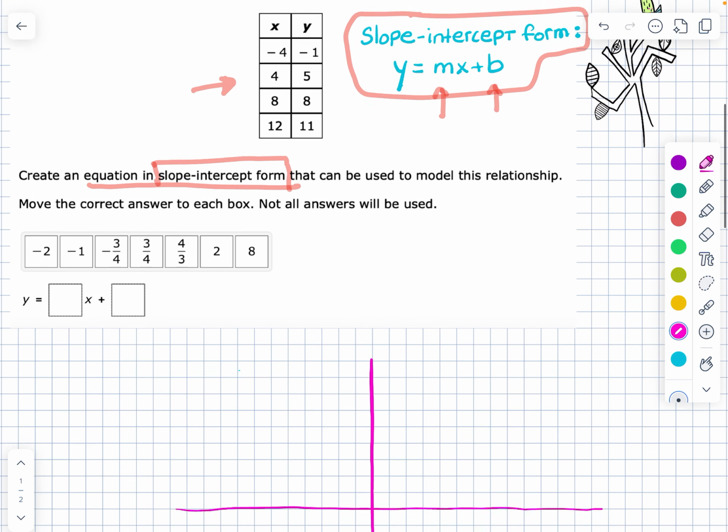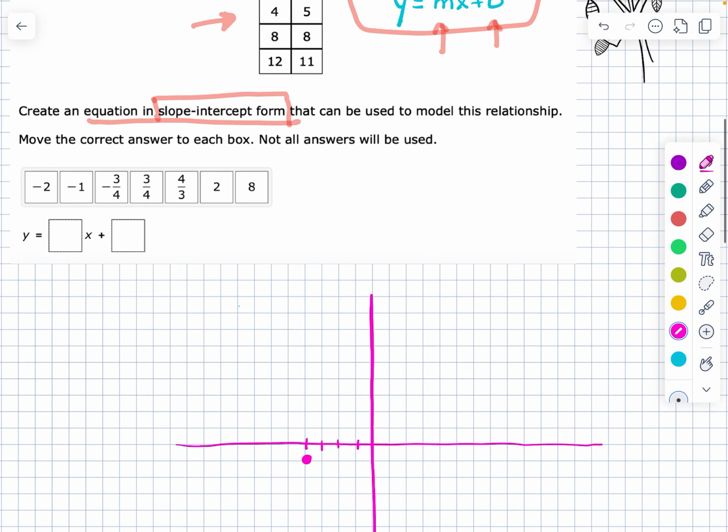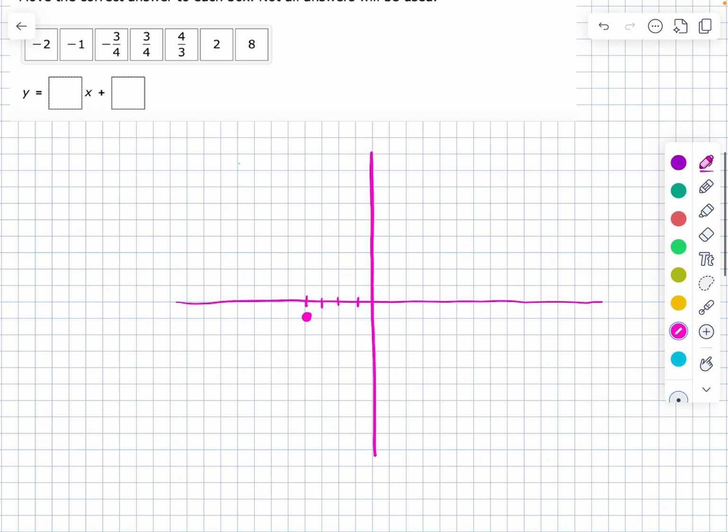Okay, the points are (-4, -1). So 1, 2, 3, 4, and -1. So this is one point. And (4, 5): 1, 2, 3, 4, and 1, 2, 3, 4, 5. And this point.